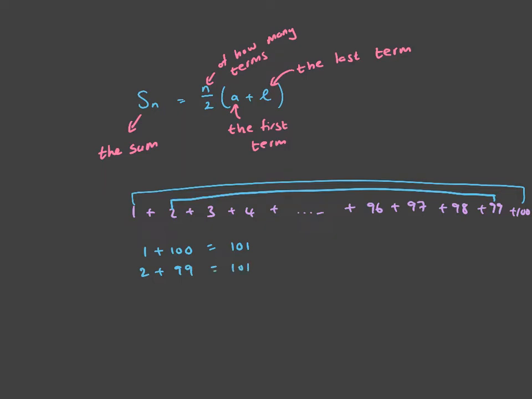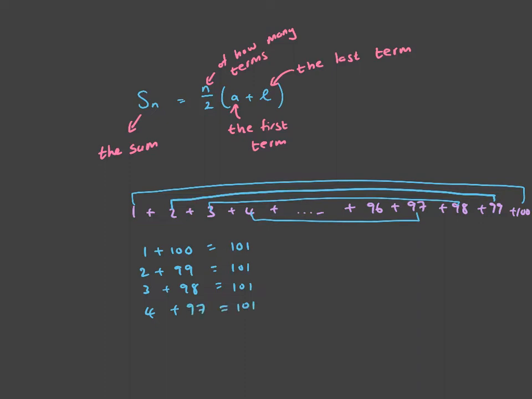And the same story: what is 3 plus the third last one? 3 plus 98 is also equal to 101. Oh my gracious. And if you just keep on going, 4 plus 97, the fourth one plus the fourth last one, is also equal to 101.